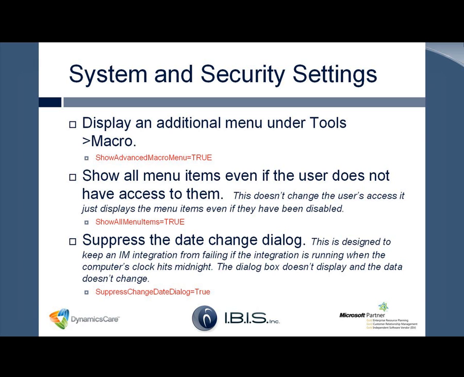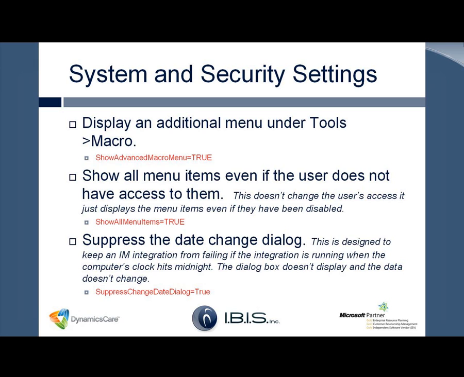If you do a lot of work with macros, there's a Show Advanced Macro menu that you can turn on. This shows you advanced items around troubleshooting for macros. I know that's pretty advanced for most folks, but at least you'll know that it's there. We can also show all of the menu items even if the user doesn't have access to it. So I'm logged in as SA, so I see all of these menu items here.